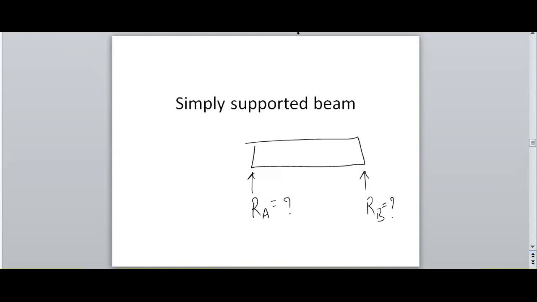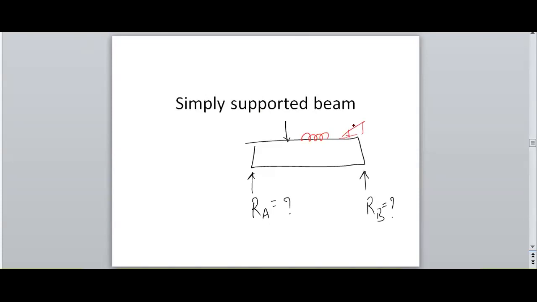Whatever the external load applied on the body, it may be a point load, a UDL, or a varying load.